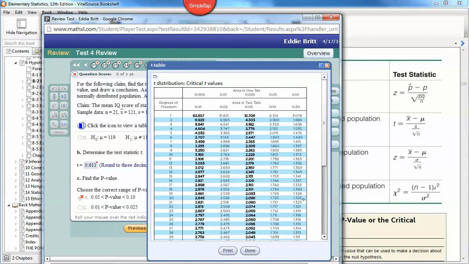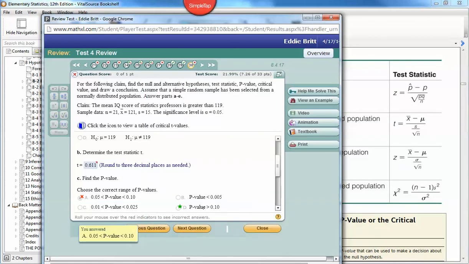That's less than this number. And it was one-tailed because our claim was greater than. So one-tailed, so what does that mean? That means that it's going to be greater than 0.1. So our p-value is greater than 0.1.